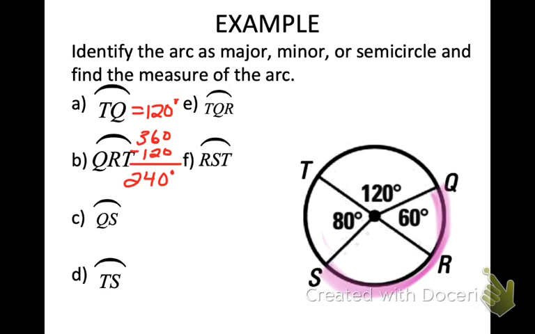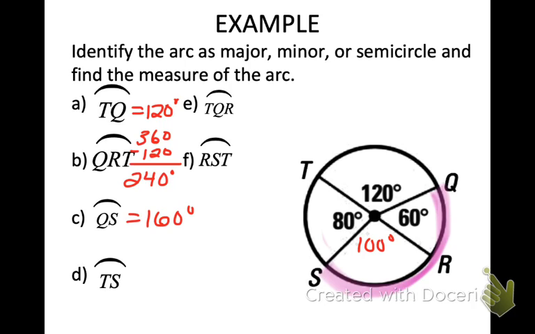Subtract that from 360 tells me that this angle down here is 100 degrees. So from Q to S would be 160. Good. Another way we could have done it is I could have just done 360 minus 120 minus 80, which would have been 360 minus 200, which would have gotten me to 160 also, right?